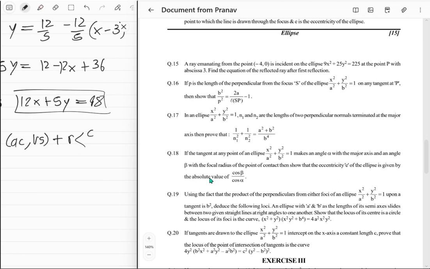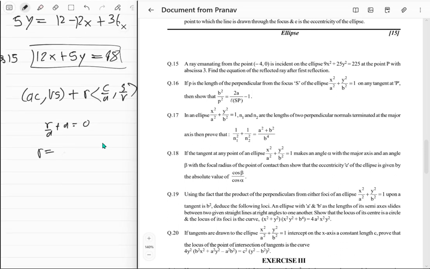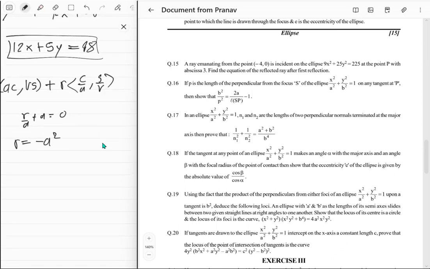Yeah, so c upon a and s upon b. That should do it, right? So we just want to figure out when this will reach the x coordinate. So for that to happen, r upon a plus a should be equal to 0. That is, r should just be negative a square. So there we go, negative a square times c upon a and then s upon b. This is the vector that you're looking for.